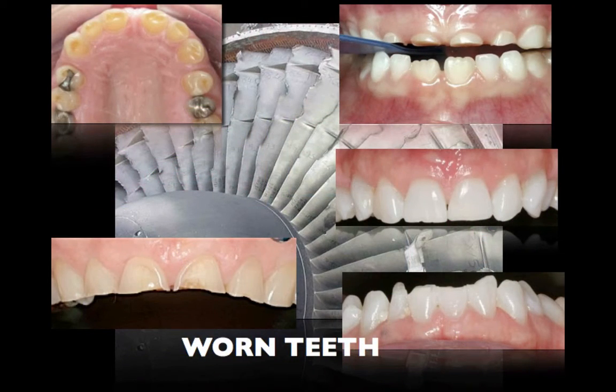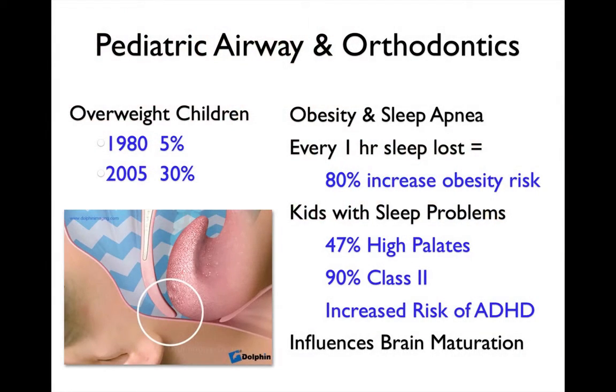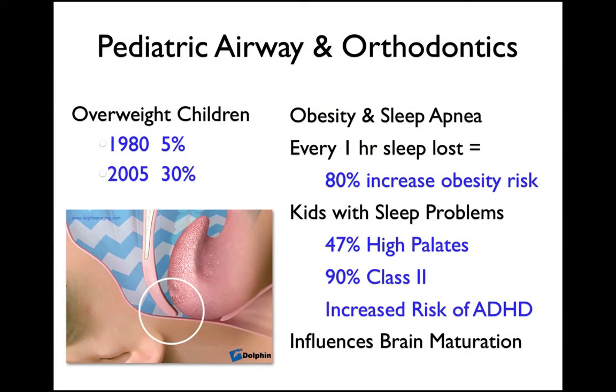So they can be pretty aggressive with the grinding, and the teeth can go through a lot of wear, and sometimes rather severely so. So this gentleman came in seeking help for his dental conditions, but really his airway needed attention first.